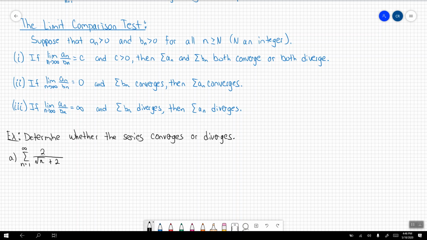I'm going to identify that because I have this series, one of my functions here is 2 divided by the square root of n plus 2. So what I'm going to do really quickly is identify my a sub n as 2 divided by the square root of n plus 2.